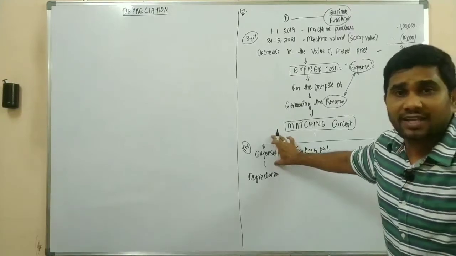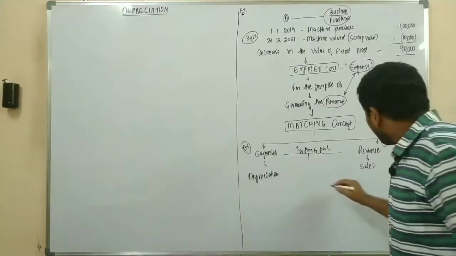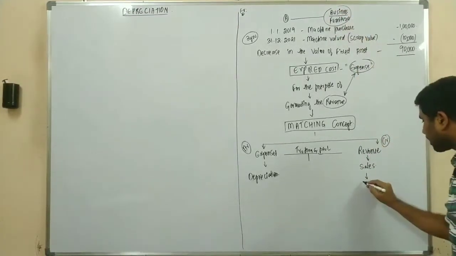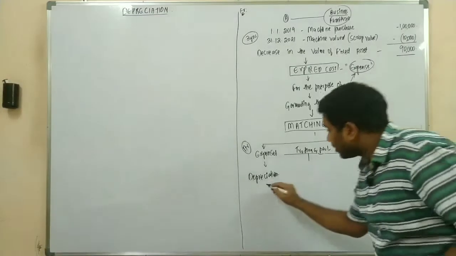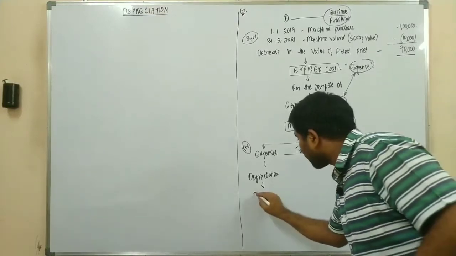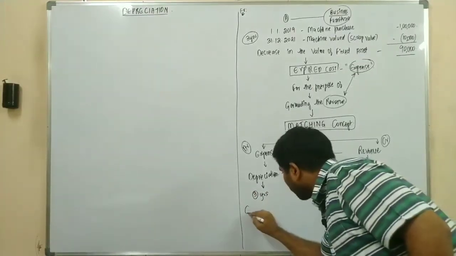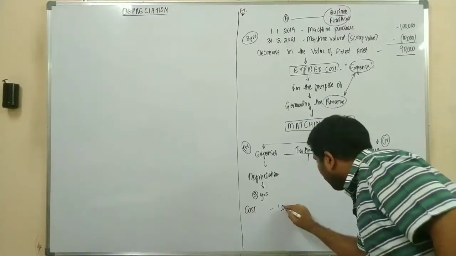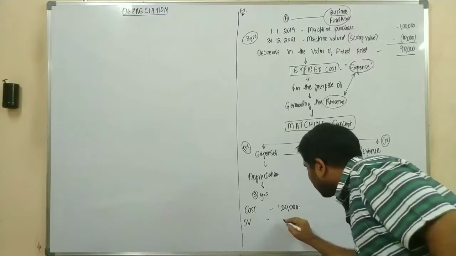Now, this depreciation is the expenditure incurred for the purpose of generating revenue, and this revenue was generated for 3 years. Yes or no? So this depreciation would have been incurred for 3 years. For the calculation of depreciation, we have deducted our scrap value of 10,000 rupees from the cost.